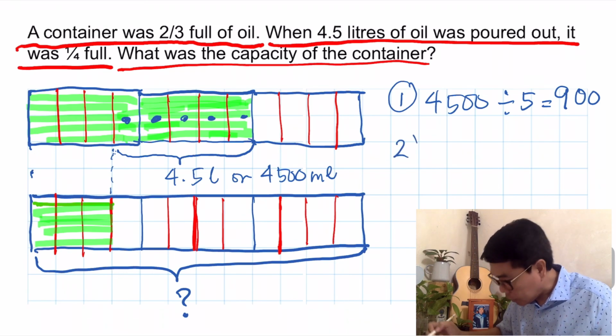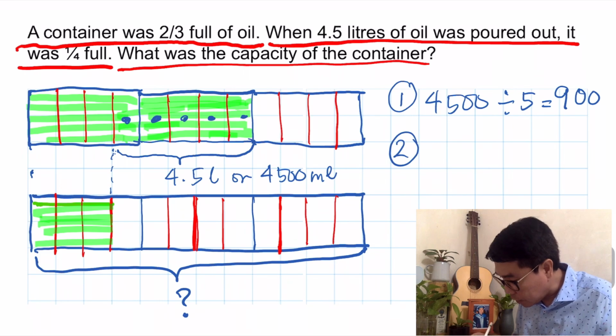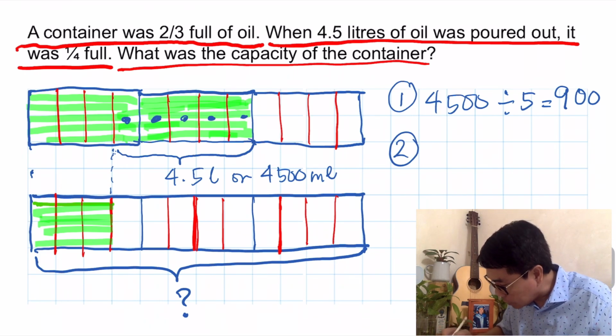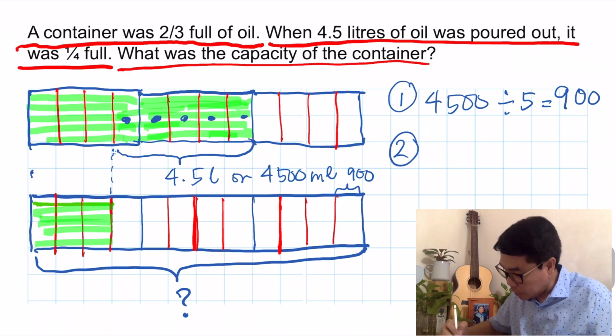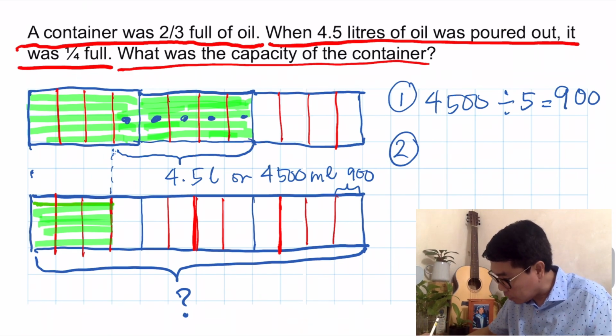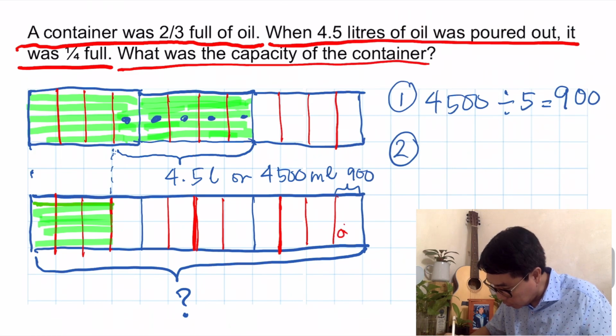After that, the question is what was the capacity of the container? So how many spaces are there in all? One part there is 900. Let's make it another color. This is 900.